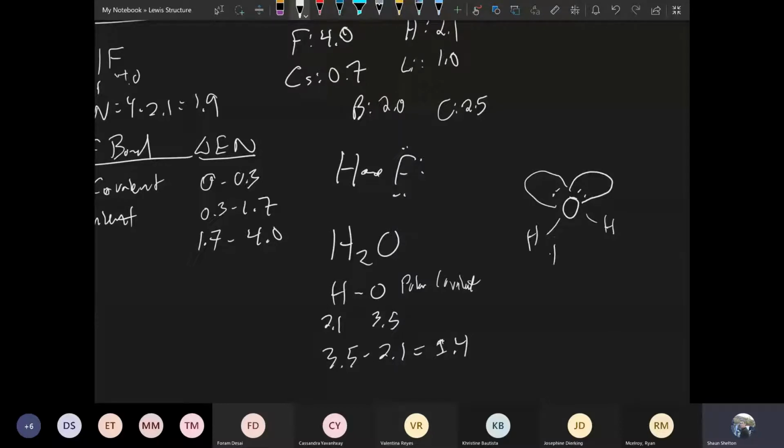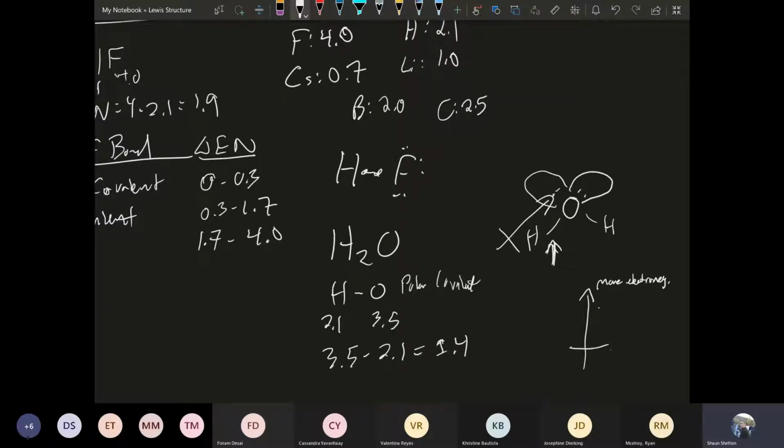So with this bond here between the oxygen and the hydrogen, the oxygen is more electronegative than the hydrogen, and this is really where this comes into play. So there's a pull going towards the oxygen. Let me just explain to you what this little arrow means. The arrow means that it's pulling towards the oxygen. So this is the more electronegative element here.